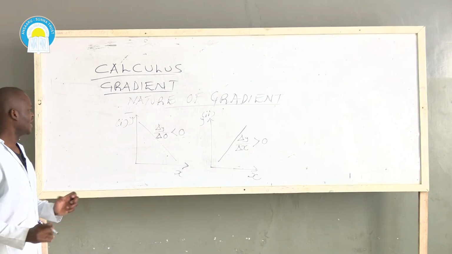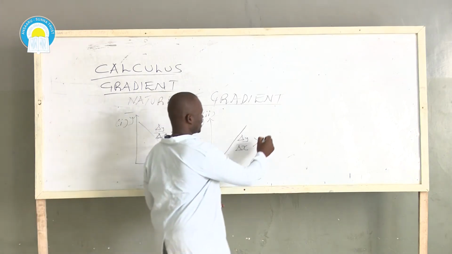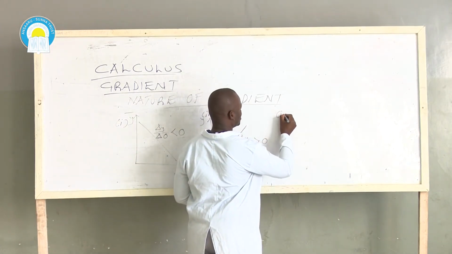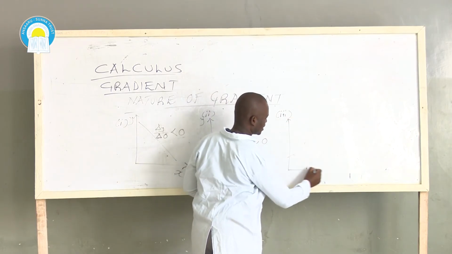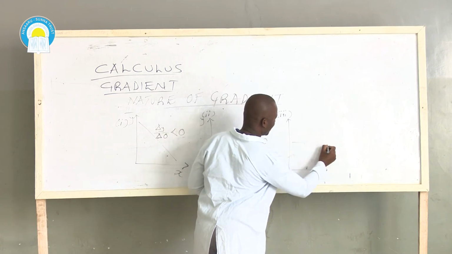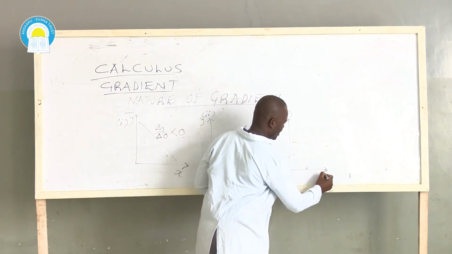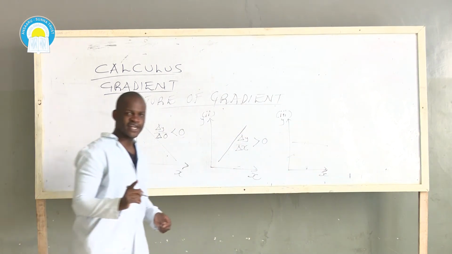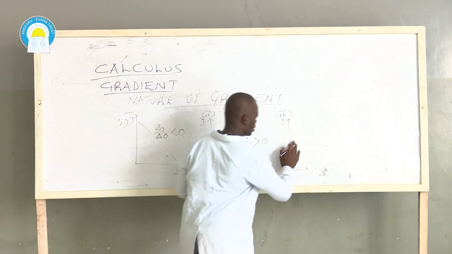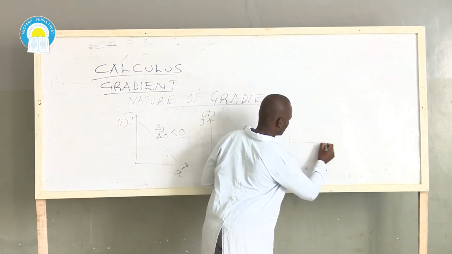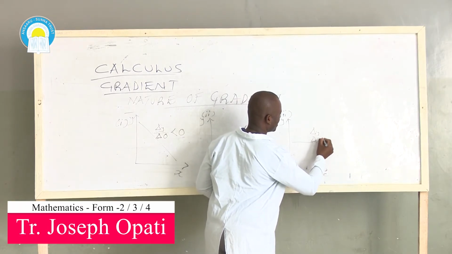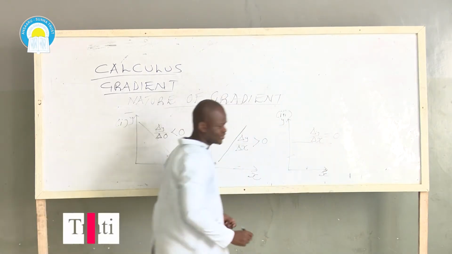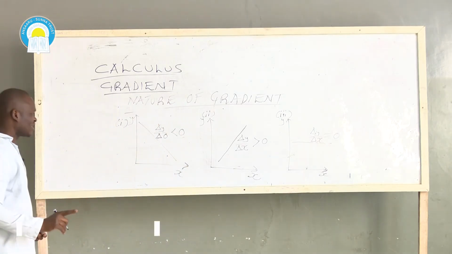Then we go to the third nature, which is in regard to what? A horizontal line. So having the y and the x-axis and a line which is horizontal, we are saying here the change in y over change in x will always be equal to what? 0.